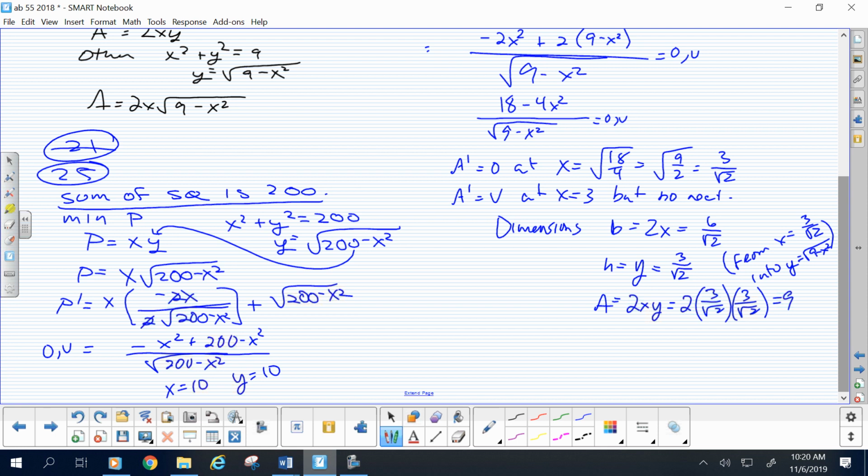Oh, that's a max. Dude, whoever wins this Alabama game is gonna be number one. I just found a max and not a min. That's why we check for min or max. I guess I went too fast.